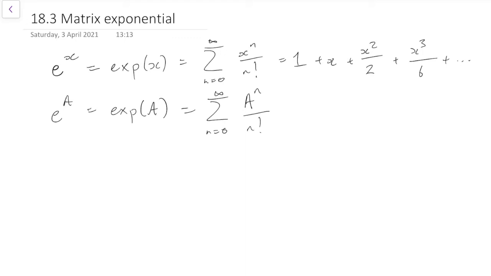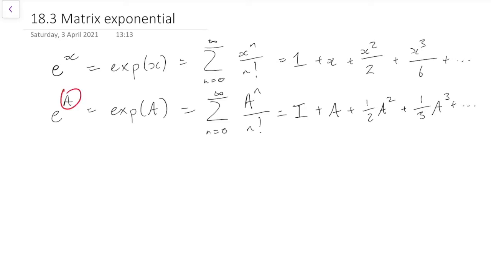And of course we know what a matrix power A to the n is, so we can divide some of those by a number and add them all up, and that's all fine. So again, A to the 0, in the same way as that x to the 0 is 1, we interpret to be the identity matrix. It's I, plus A, then half lots of A squared, plus a sixth lot of A cubed, and so on.